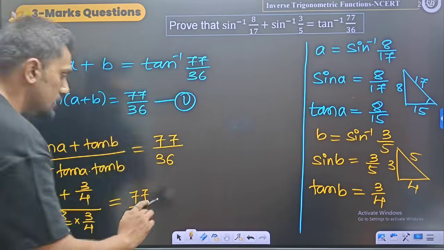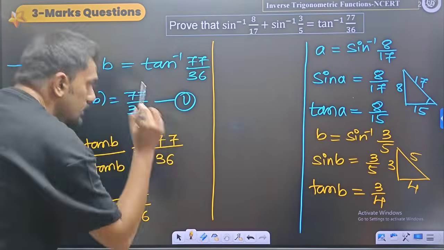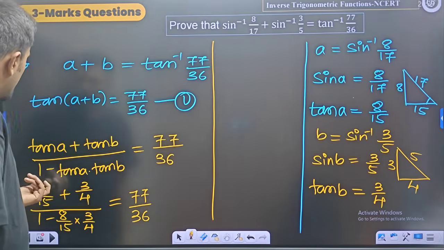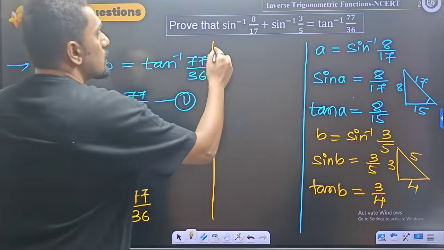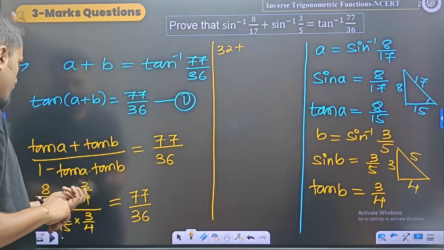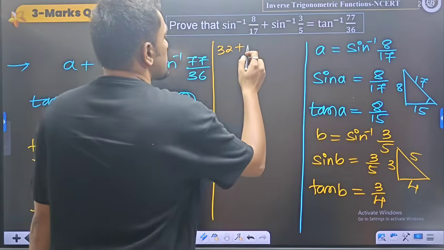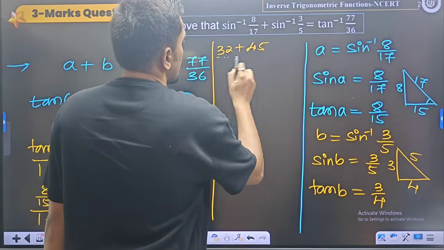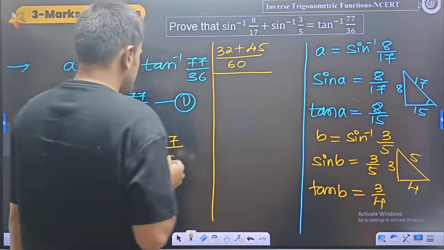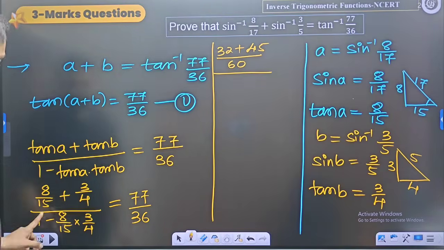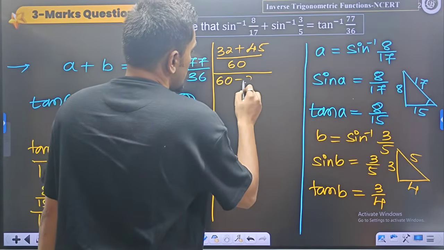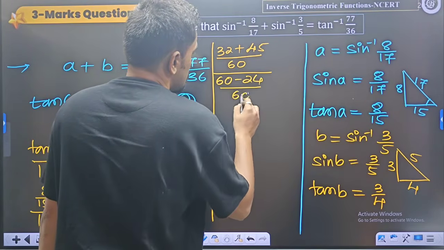Then this I will write as, let me write it here. 8 fours are 32. 32 plus, then 15 3s are 45 divided by 15 4s are 60 whole divided by 15 4s are 60, 60 minus 8 3s are 24 whole divided by 60.